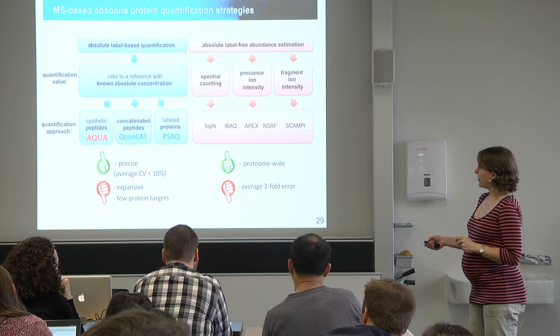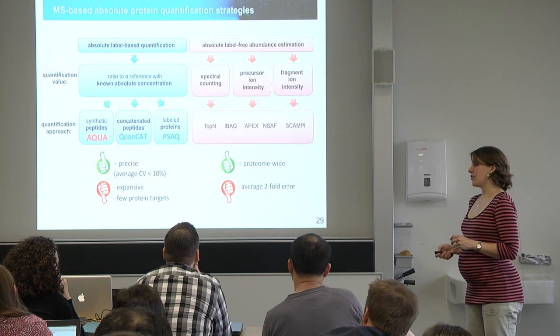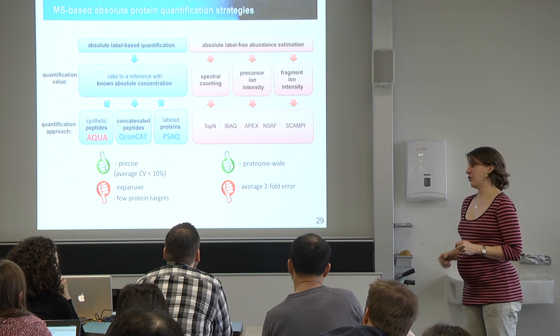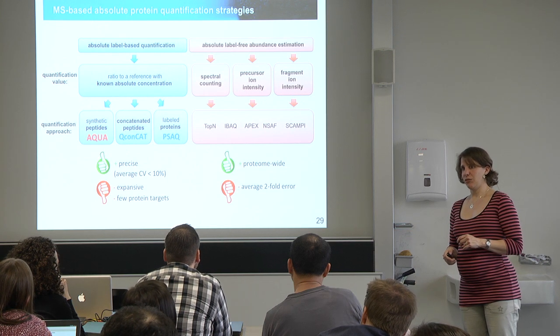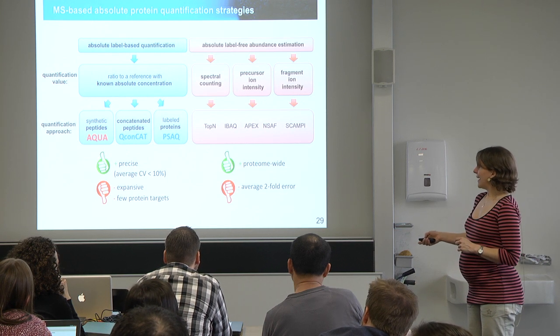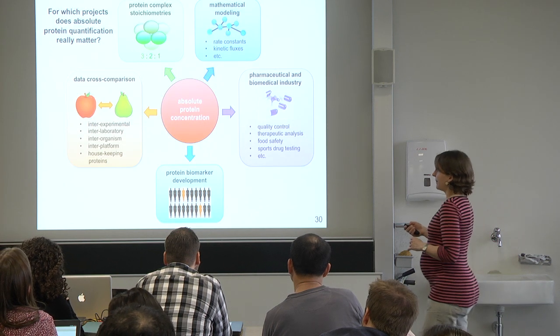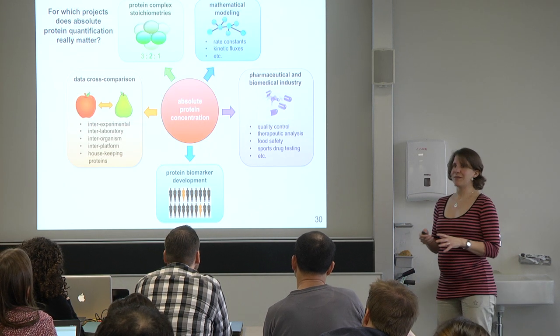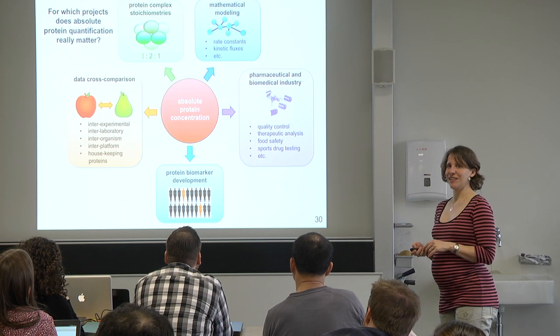But the average error that you can expect from these absolute label-free abundance estimations is in the range of 2-fold. So this value will be on average 2-fold off from the value that you get over here. With this error in mind, and looking back at this picture I showed you in the beginning, I personally think that you must select your absolute quantification approach according to your initial question.